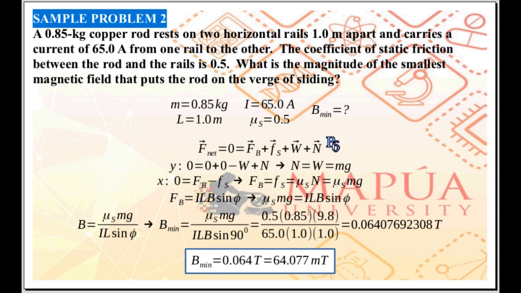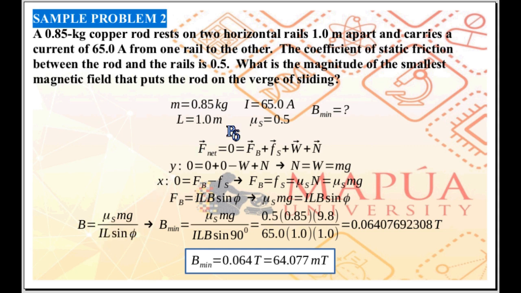Isolating B, we are looking for the magnetic field. So isolating B, B is equal to mu s mg divided by I L sine phi. We know mu s, we know m, we know g, 9.8 meters per second squared, the acceleration due to gravity.